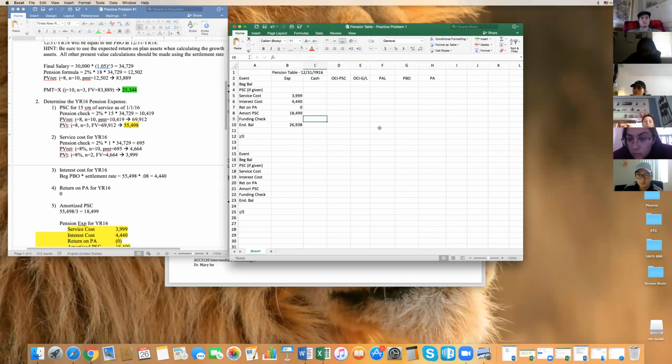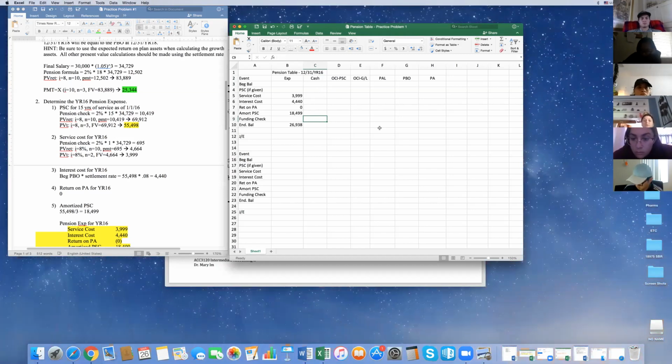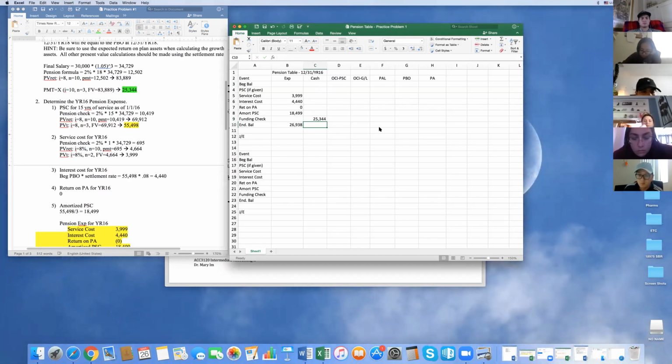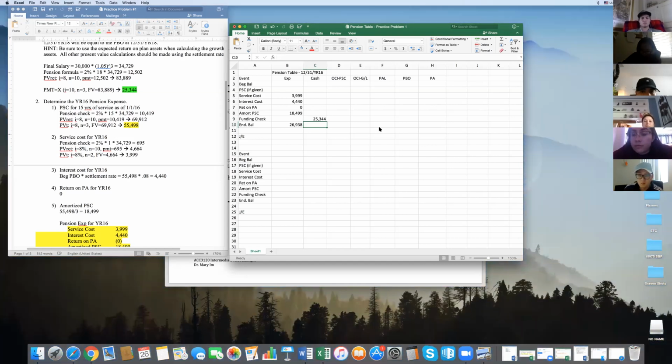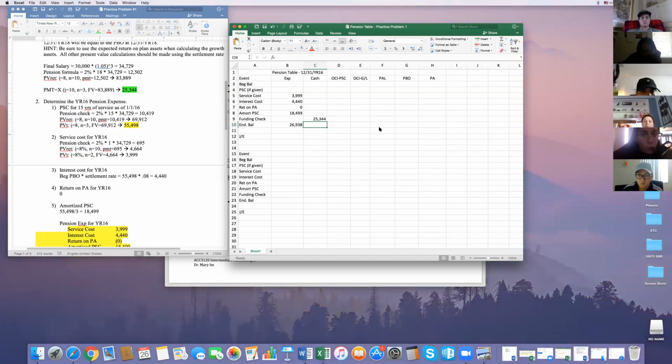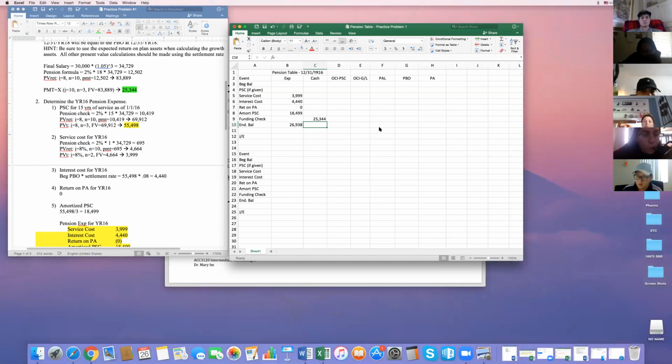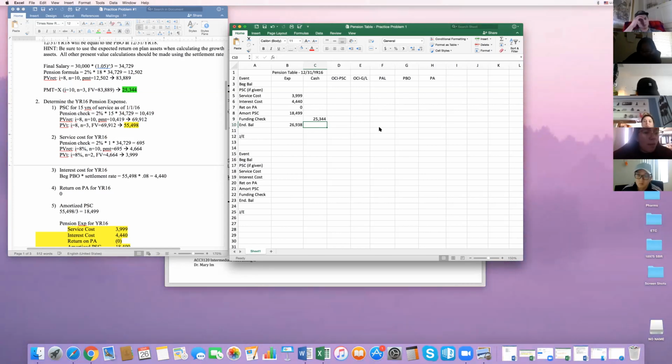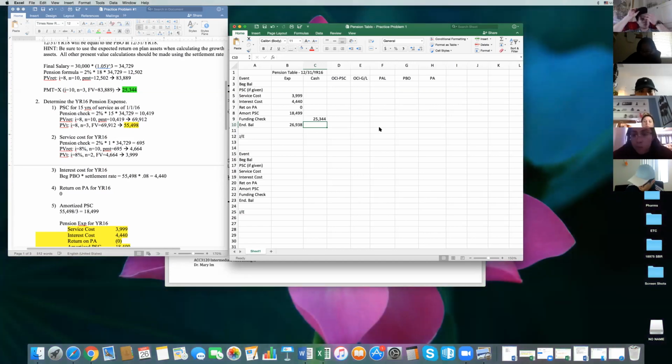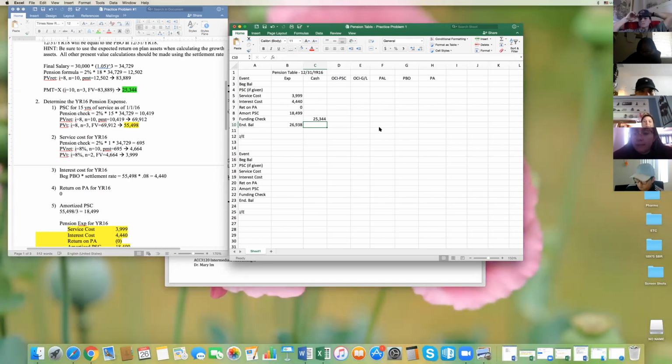Funding check is $25,344. Then is it a negative or positive amount to the company? Negative, yes, negative, because the company pays and this amount is transferred from the company to the pension fund.